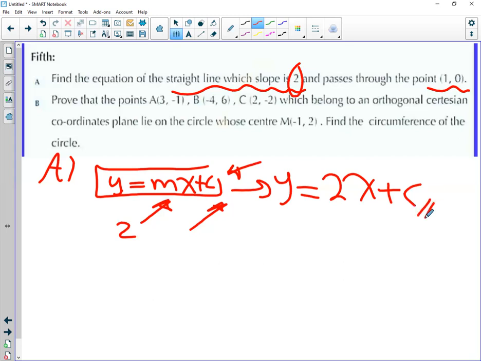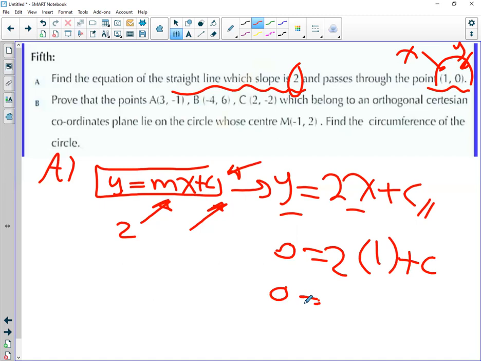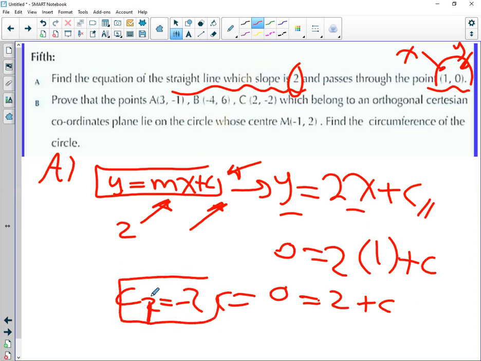To get the value of c, let's substitute x and y by the ordered pair: 1 equals x and 0 equals y. So 0 equals 2 times 1 plus c, 0 equals 2 plus c. Then c equals 0 minus 2 equals negative 2. This is the value of c.